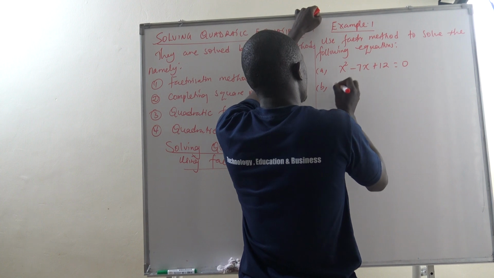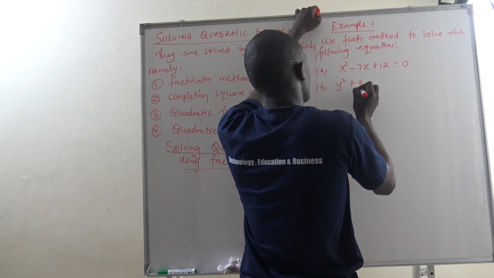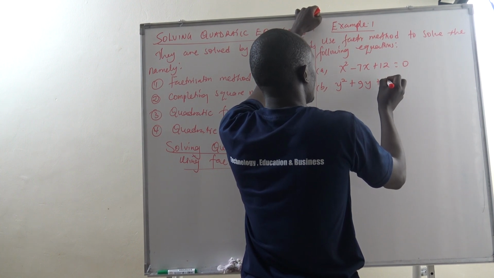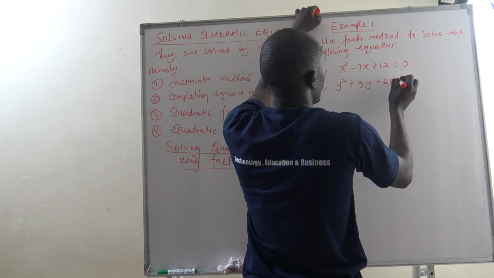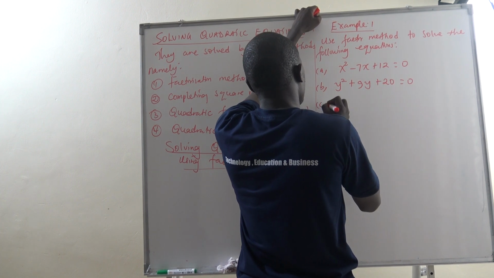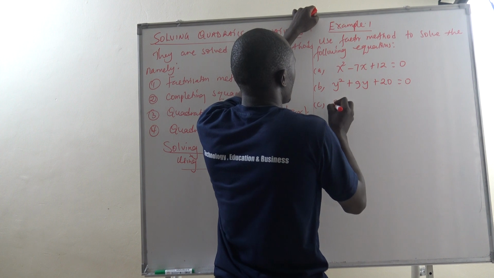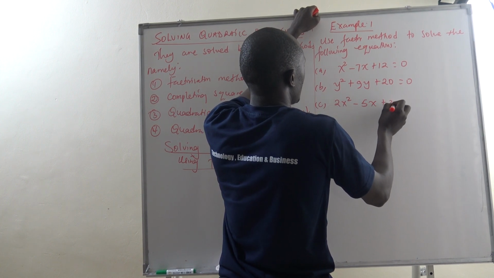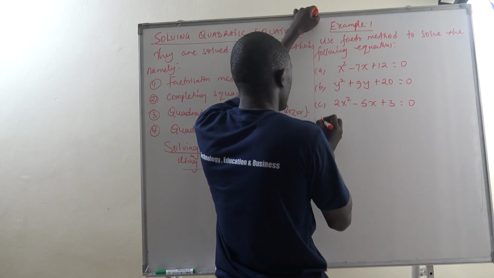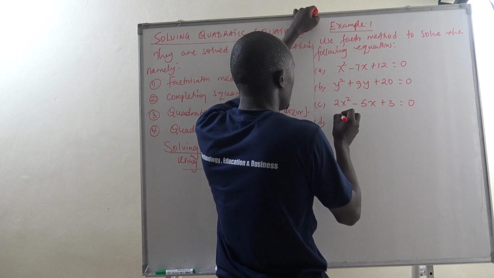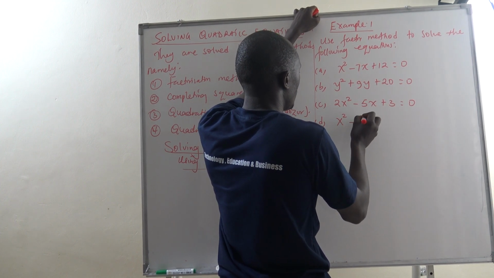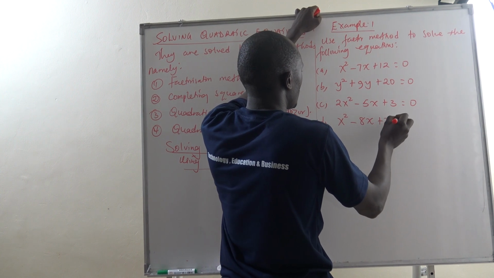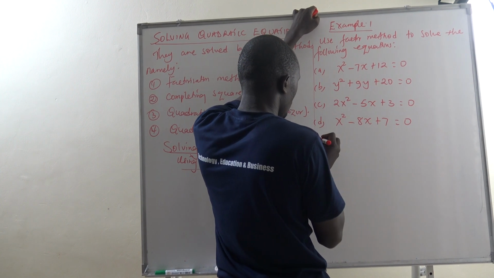Part B, y squared plus 9y plus 20 equals 0. Part C, 2x squared minus 5x plus 3 equals 0. Part D, x squared minus 8x plus 7 equals 0.